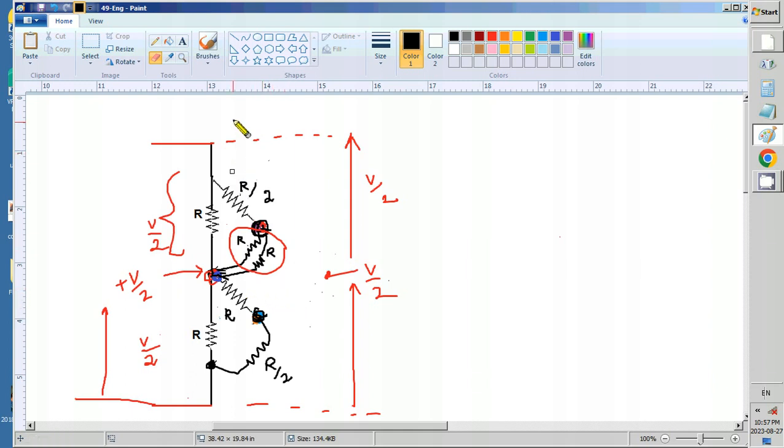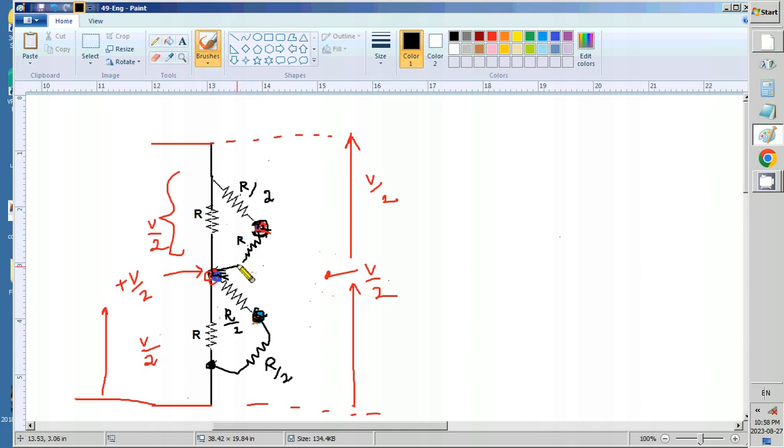So I delete one. Then I leave one to be there. So R divided by 2. So this one also I am going to delete, and instead of these two, R divided by 2, a single resistor is then there.